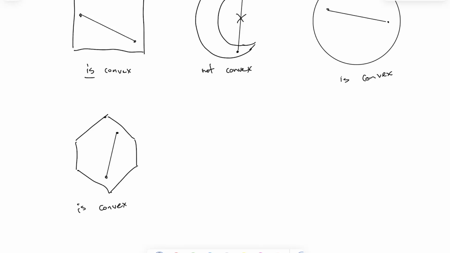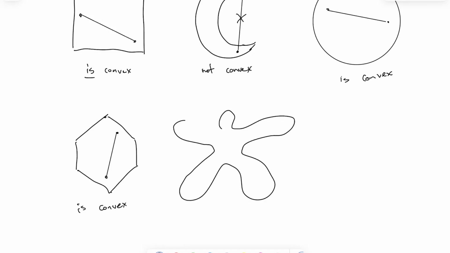I said before, my body, like standing like this, is not convex. That's like if, that shape is not convex. Can you all see how you could choose 2 points so that the line connecting those 2 points does not lie inside the shape? You could do this in many different ways, but say take 1 point over there and another point here, right? That line leaves the shape, so this one is not convex.